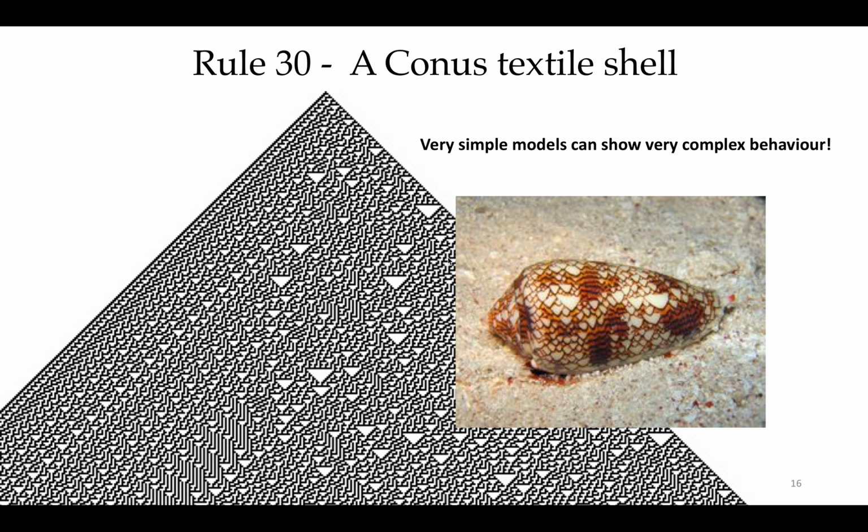But for example, the simulation I showed you just now, one of them seemed pretty chaotic. There seems to be a bit of structure in there. But we can compare it to a conus textile shell and see that the same kind of pattern emerges in nature. So this very simple model, which really contains only 8 rules, could already explain why the shell grows with this pattern.